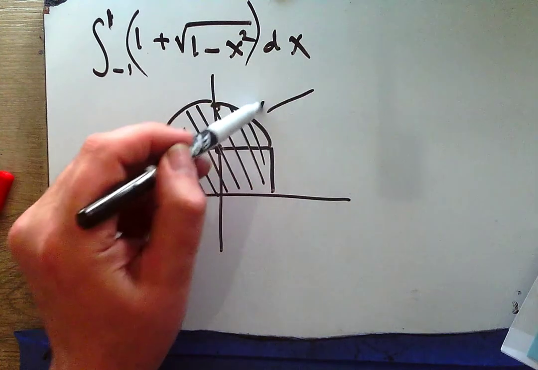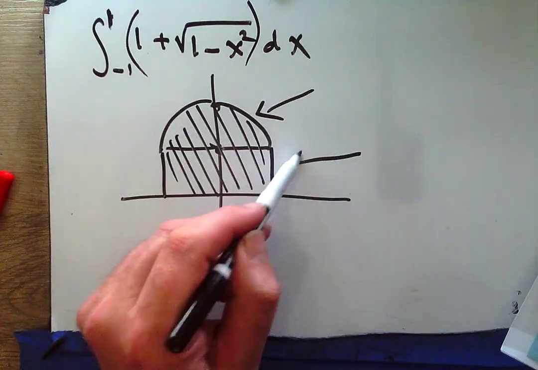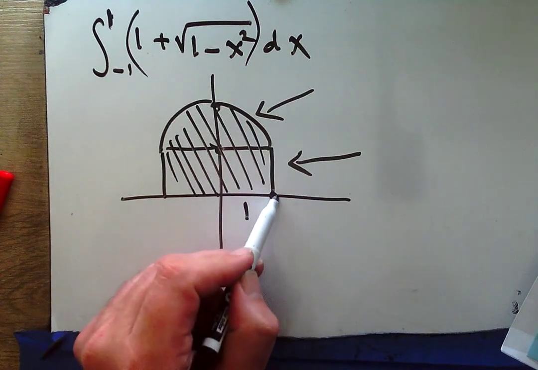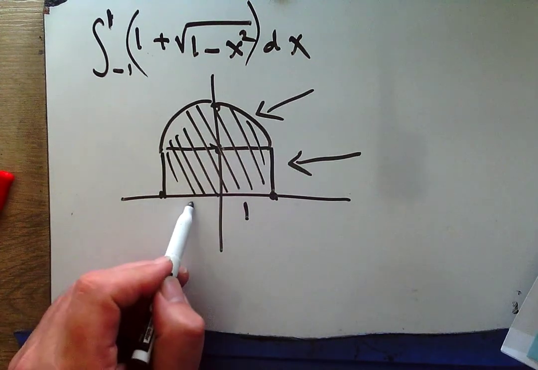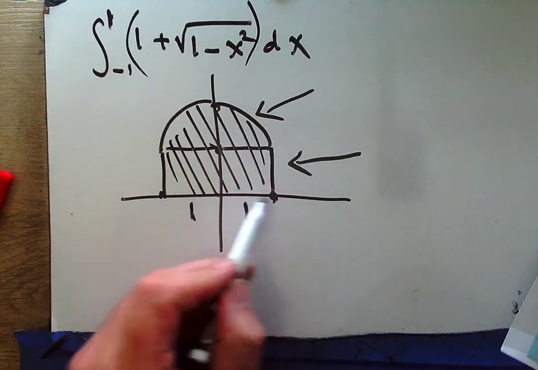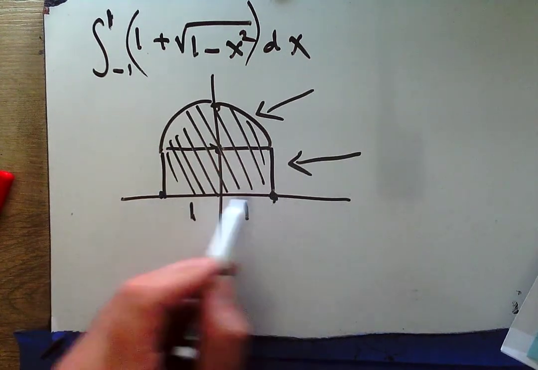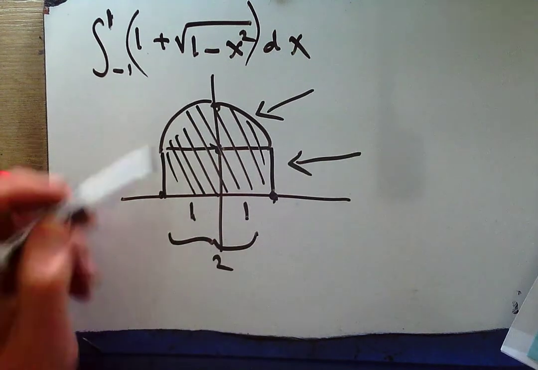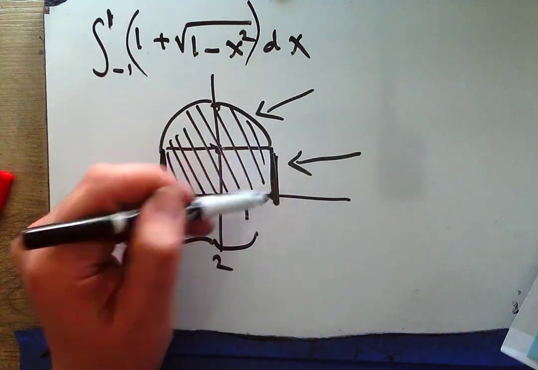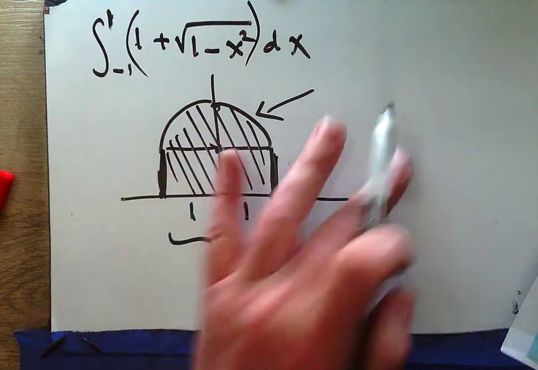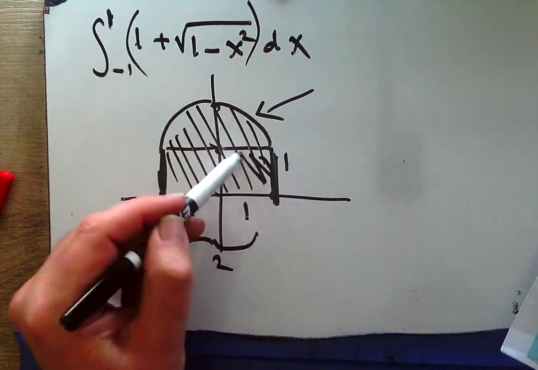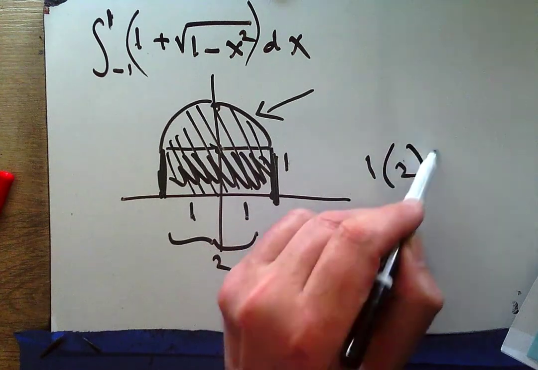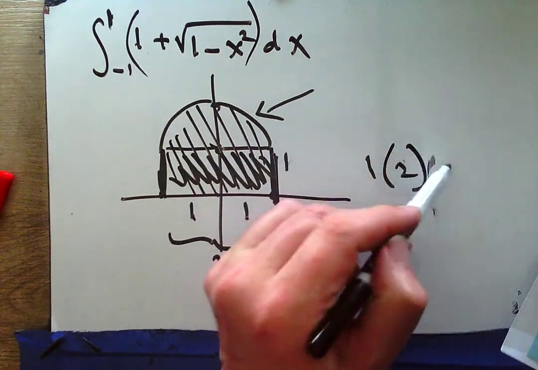Well, I seem to have a semicircle and a rectangle. I know that this is 1. I know that this is 1. 1 minus a minus 1 is 2. So the whole side length there is 2. This height, well, is 1. So the area of the rectangle is going to be 1 times 2 or 2.